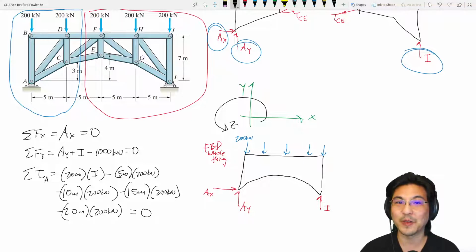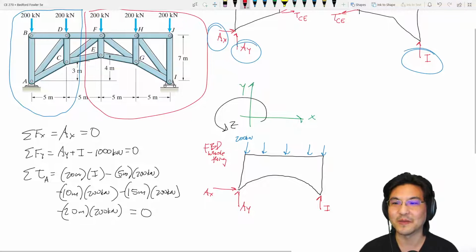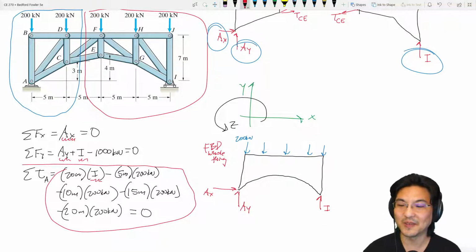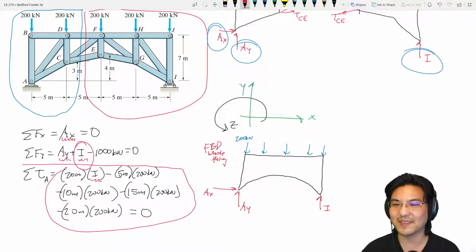Okay, so we got 3 equations. Let's keep track of our unknowns. This, this, this, this. Okay, so for this, well, right here, AX is 0. That was easy. If you notice, this equation only has 1 unknown, so solve that for I. Once you get that number, plug it in here, solve for AY.